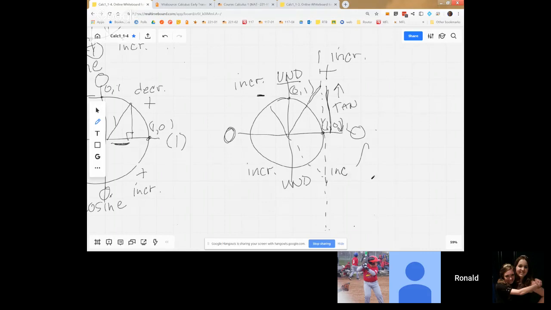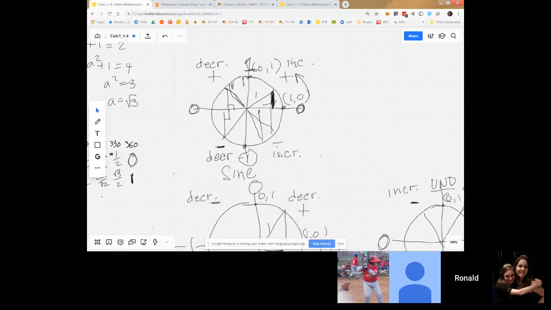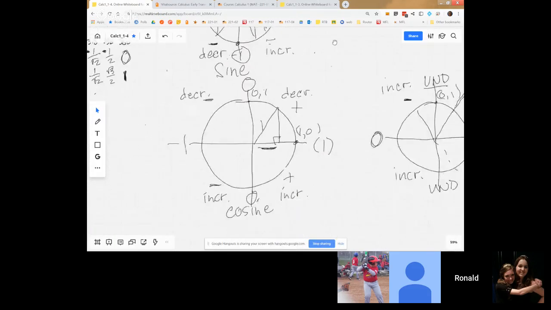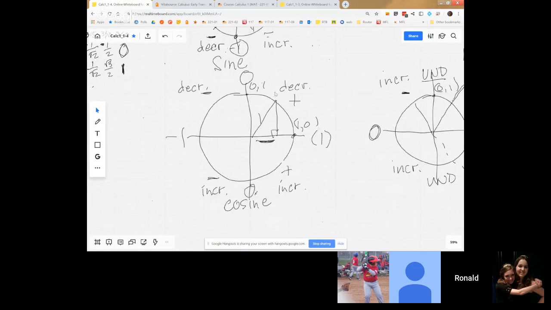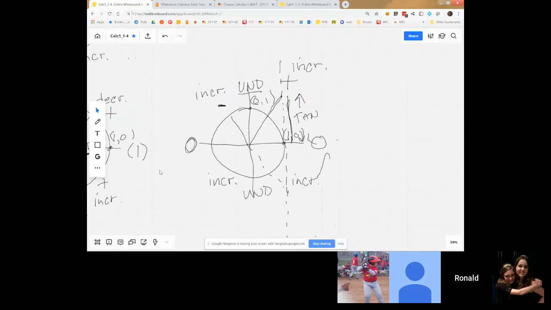You notice how before in our behavior charts, with the sine, we had 2 increasing quadrants, 2 decreasing. With the cosine, 2 increasing, 2 decreasing. So it's weird with the tangent, which I haven't labeled yet.